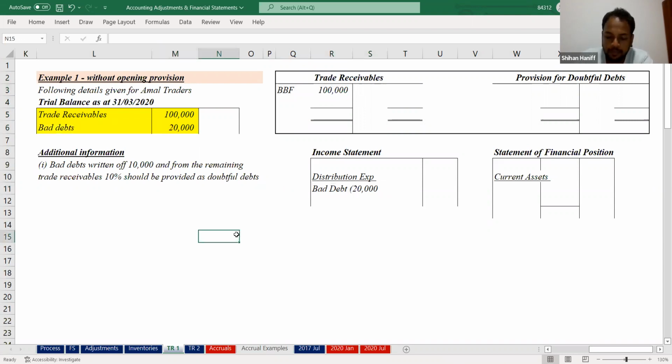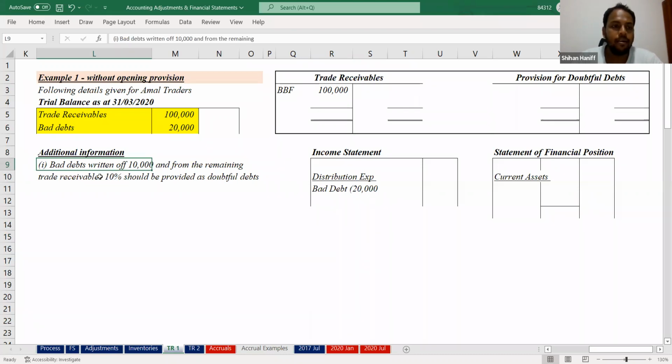Now, number one, bad debts written off 10,000.